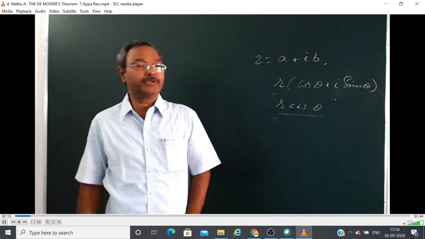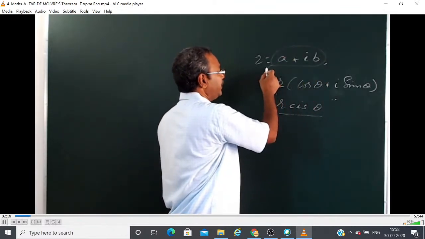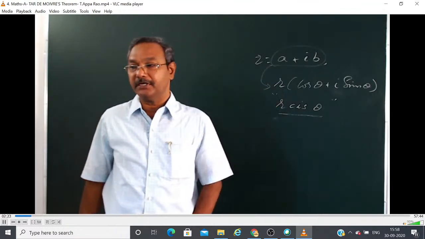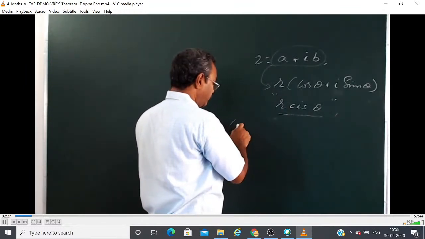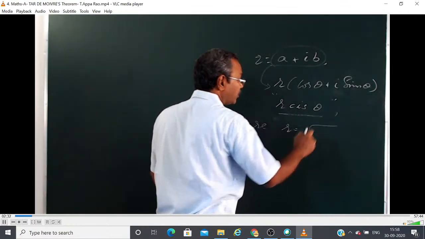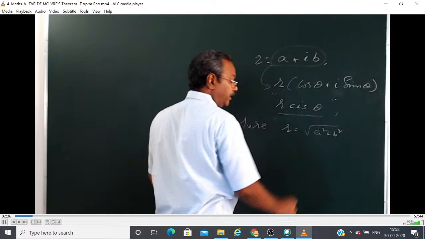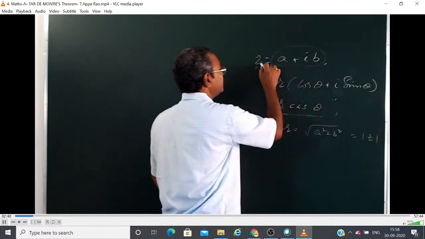So any complex number z, which is a plus ib, can be converted to this structure r into cos theta plus i sin theta, where r is the square root of a square plus b square, which is exactly the modulus of this complex number z.